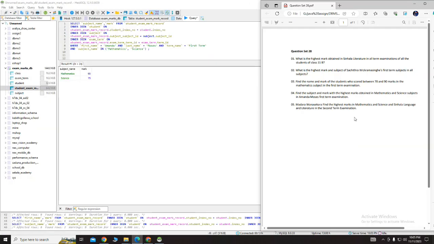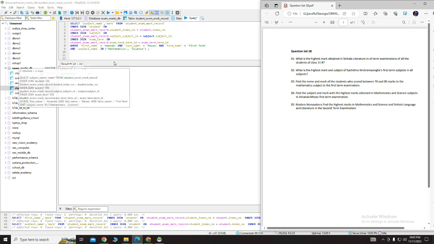So I have said here select subject name and mark. For this task, we have inner joined the student exam mark record table with the student, subject and exam term tables, and we have created relationships among their table columns. For the condition, we have said the first name as Amanda, last name as Moses, and term name as first. But here comes the problem.